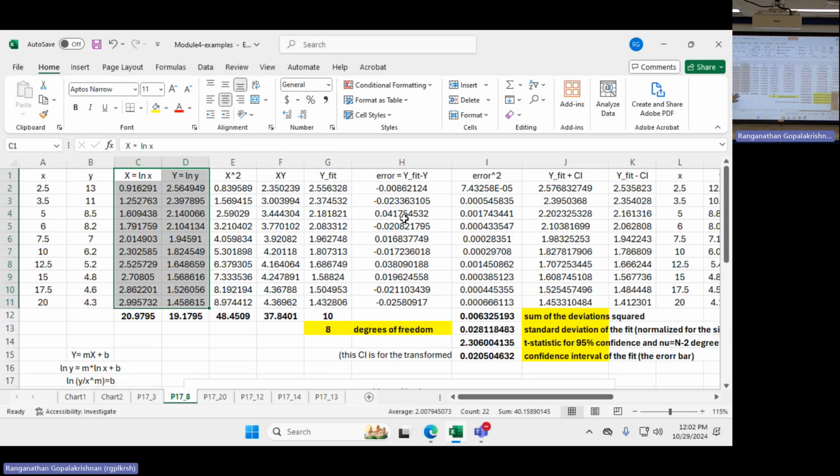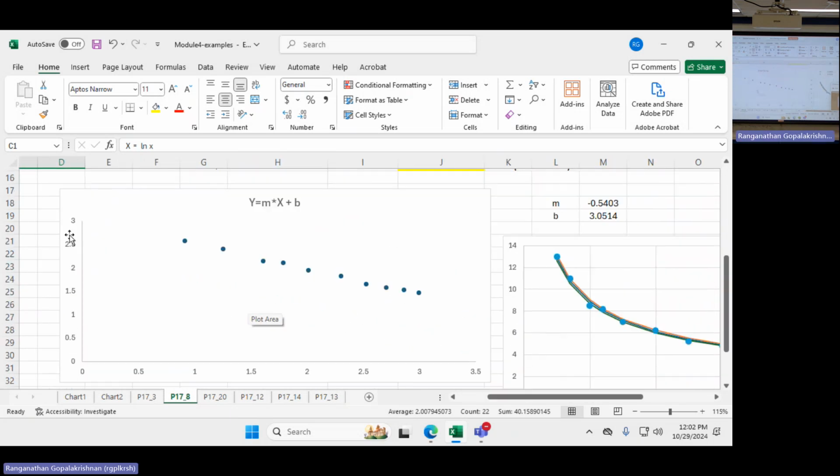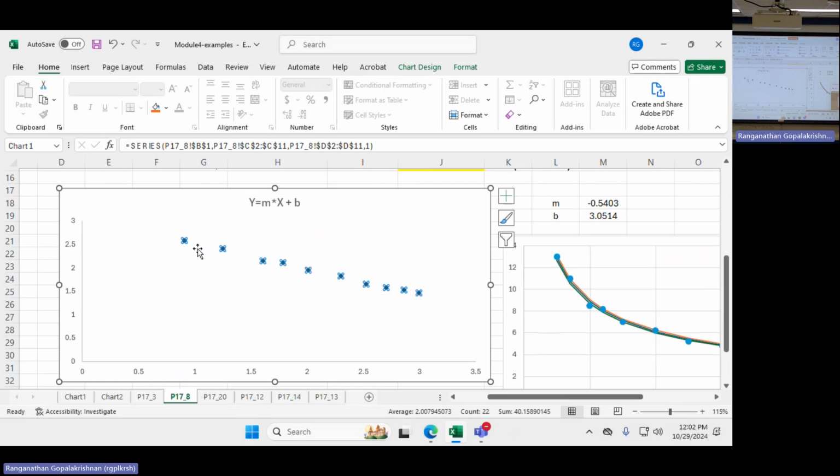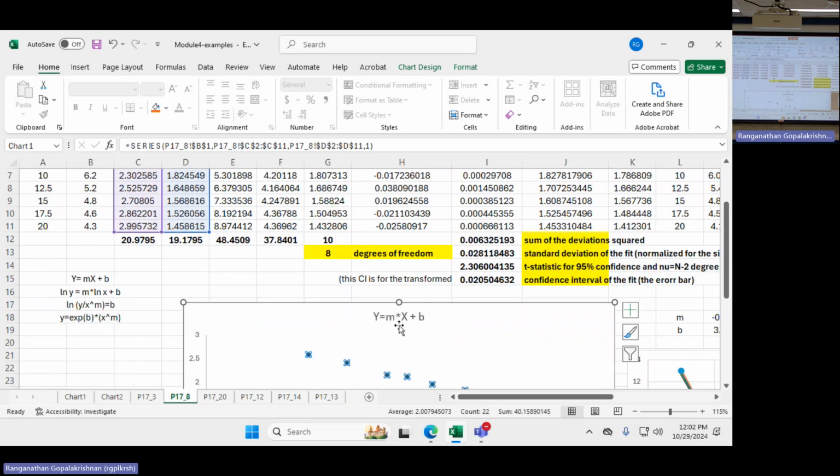Any combination could appear in the example. This example talks about logarithm of both quantities, and then we develop the fit equation, get the fit constants m and b, and from that the original fit.